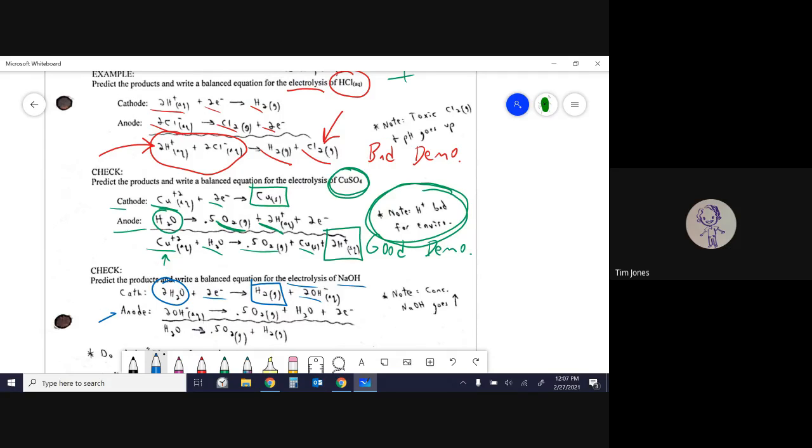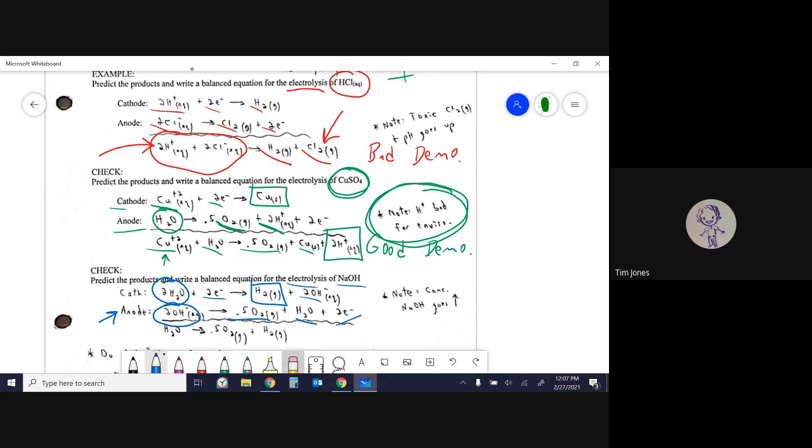At the anode, hydroxide, that's fine. Hydroxide can be oxidized and it makes oxygen, water, and 2 electrons. And it just works out that all of these examples have 2 electrons, and that's just convenient for us.